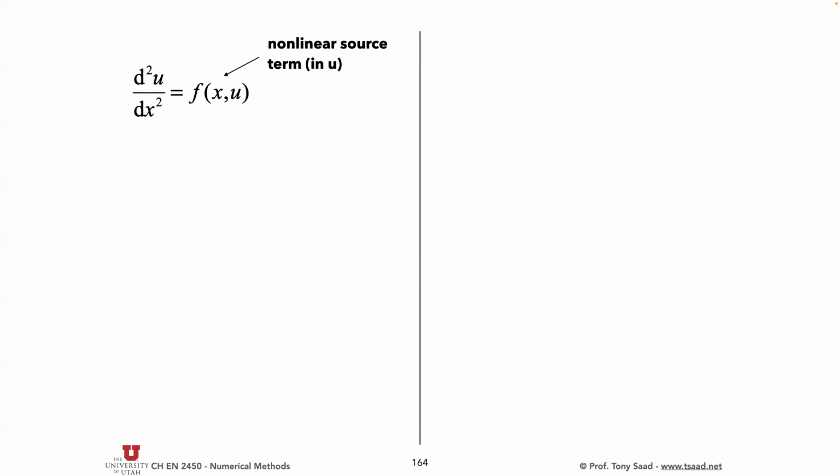That's a function of both dependent and independent variables. We're going to assume in general that this f is nonlinear in u. It doesn't matter if it's nonlinear in x because x is a known quantity, an independent variable. But u is what matters. So if you have u cubed, sine u, cosine u, log u, whatever, those are all nonlinear.